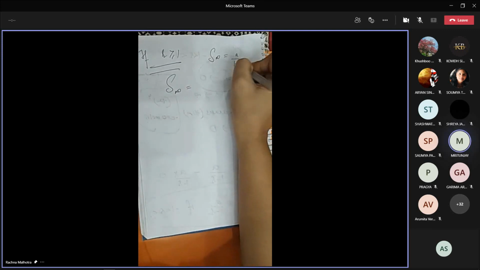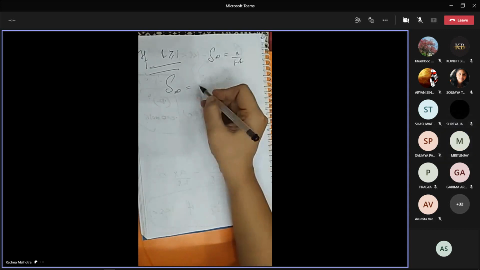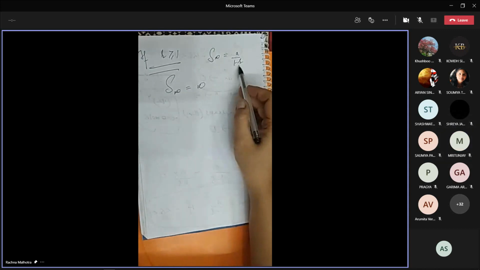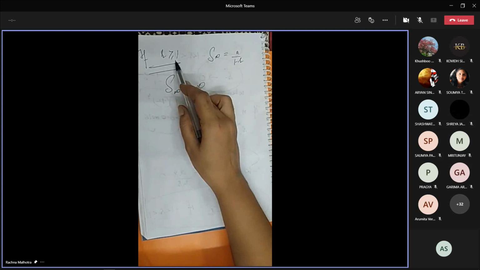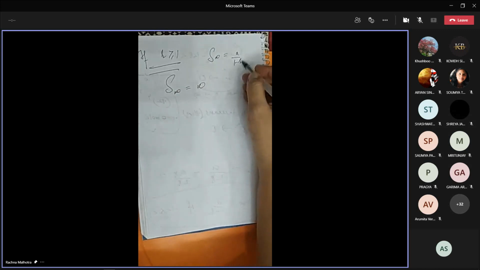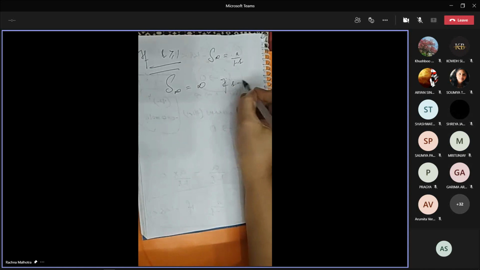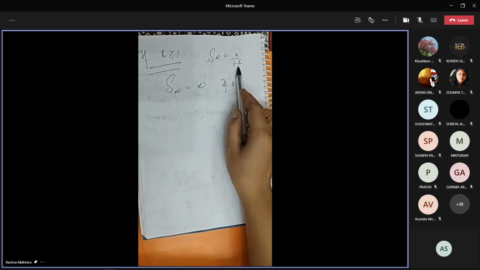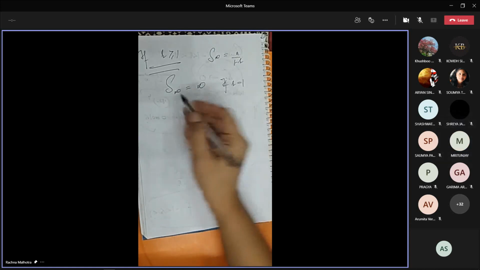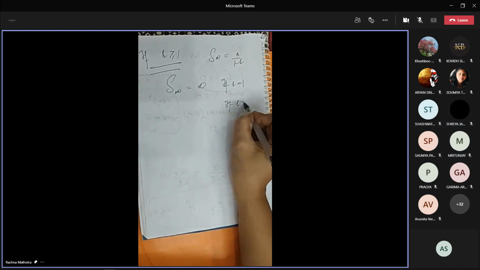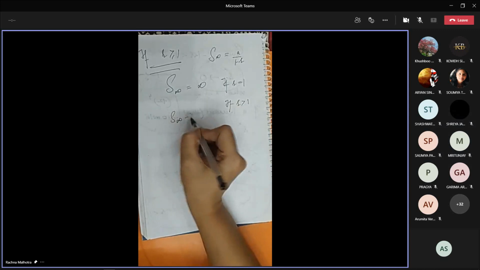A by 1 minus r. If r is 1, it will show not defined. This is for if r is 1. But if r is greater than 1, again we will get infinity.